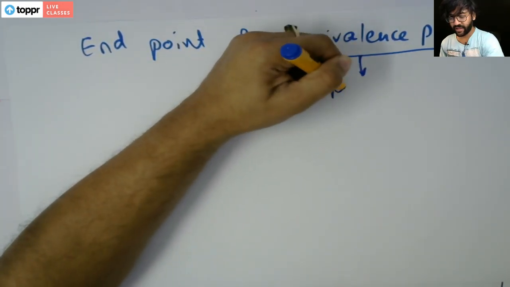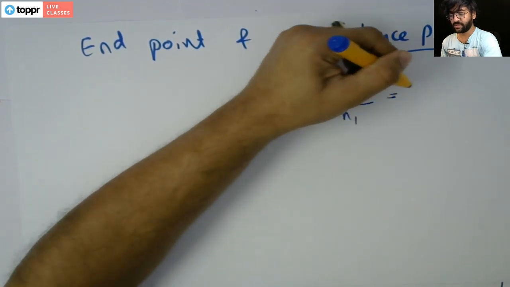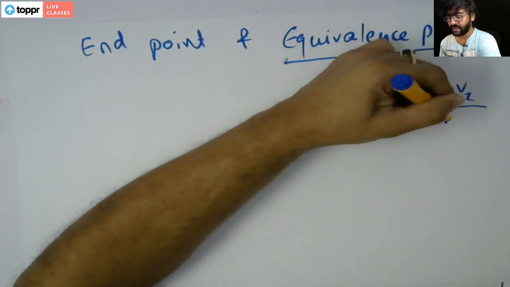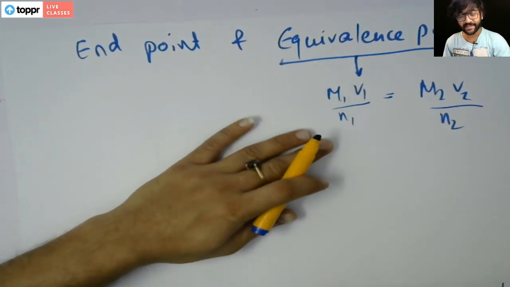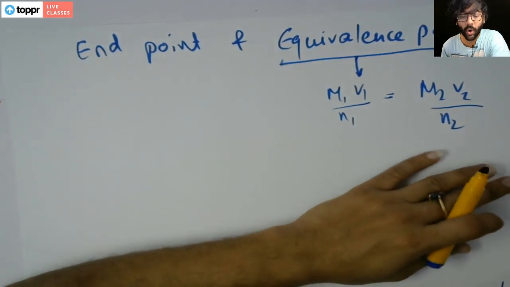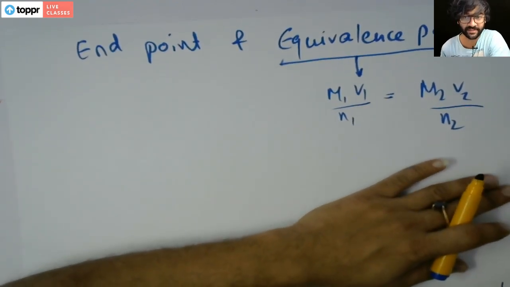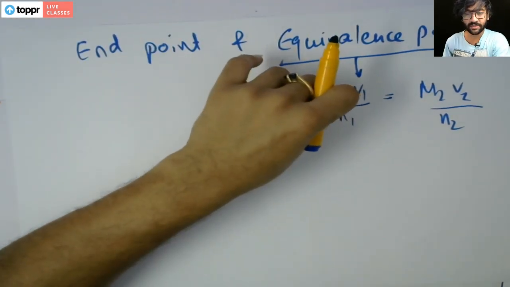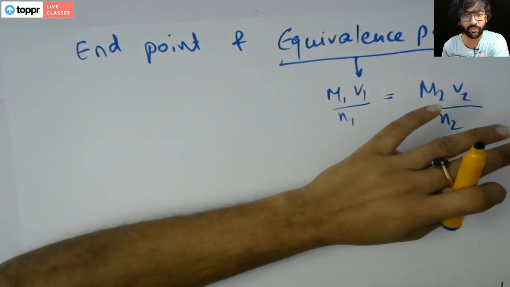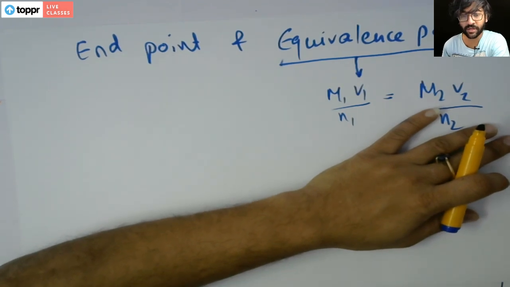That is the point when M1 V1 by N1 is actually equal to M2 V2 by N2. That means all the equivalents of acid become equal to all the equivalents of base, not just moles. Each and every part of H plus produced from acid is equalized by each and every part of OH minus produced by base. This is what it means.